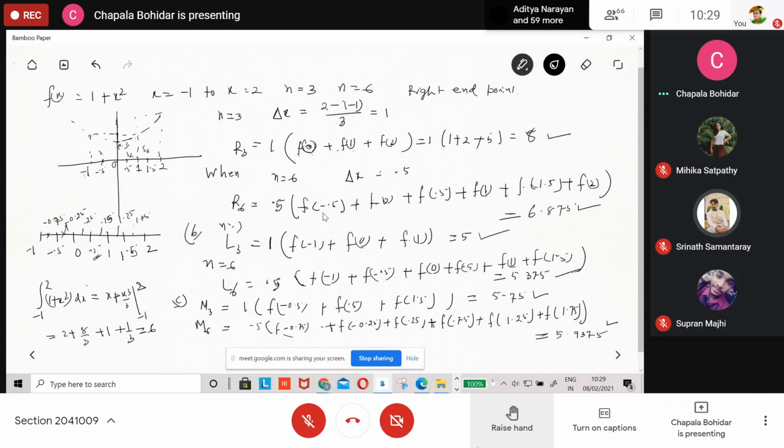The last one I am getting here is 6, approximately nearly equal to 6. So M6, the middle point rule, when n is equal to 6, is the best.